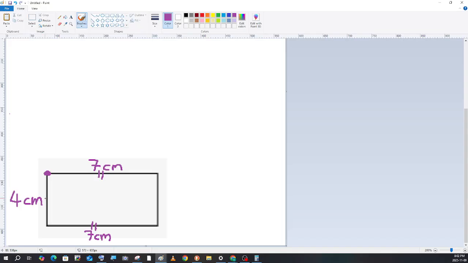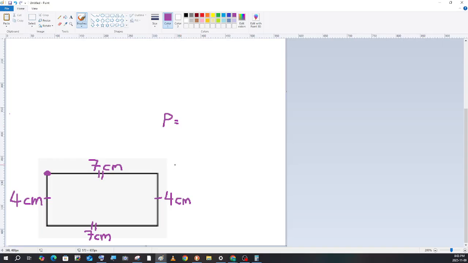All right, now the shorter side is 4 centimeters, and this other side here is also a short side. It's the same length as the other short side. It's also 4 centimeters.